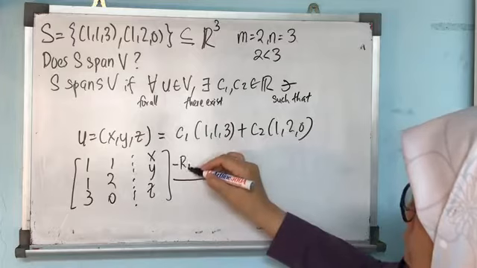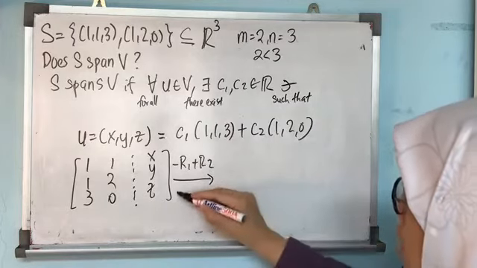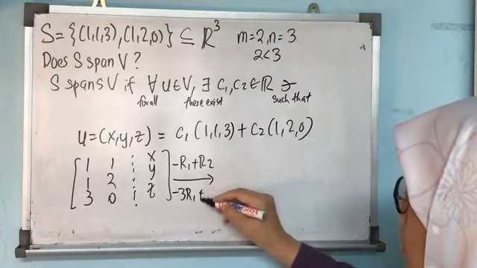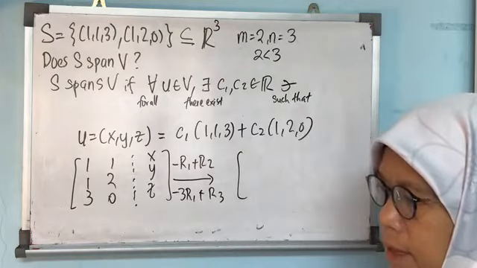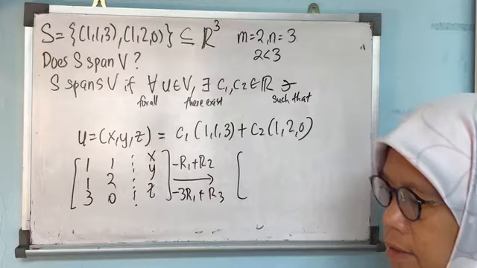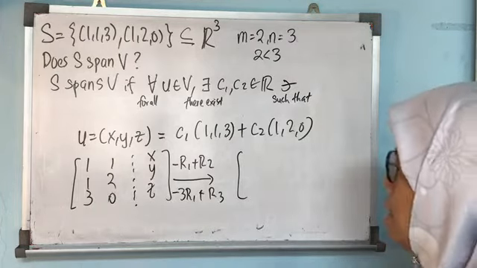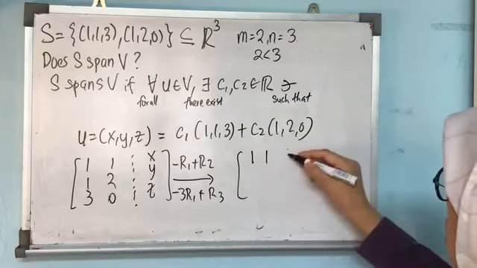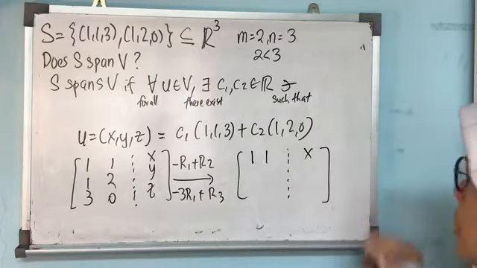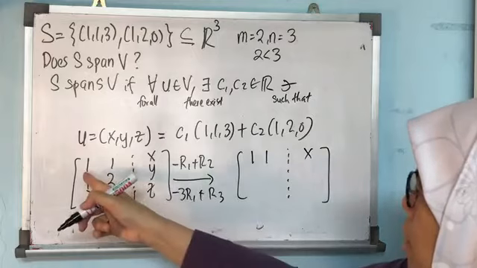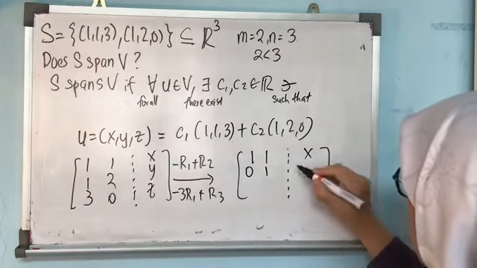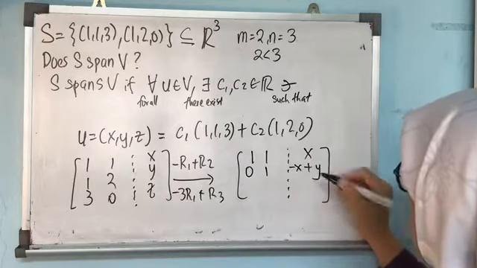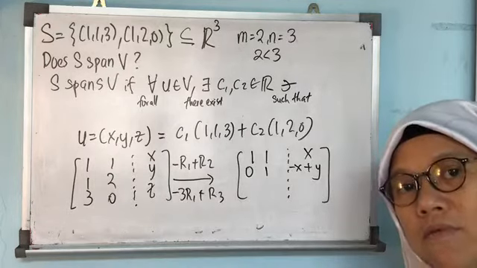So again, this one needs row operation. Negative R1 plus R2, negative 3R1 plus R3. Be careful with this, because now it's not numbers, it is variable.